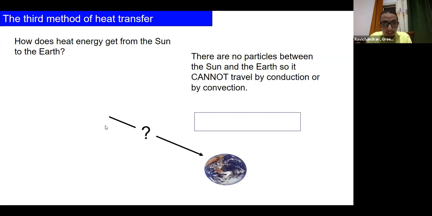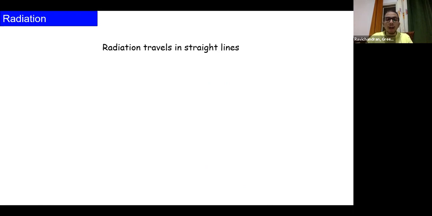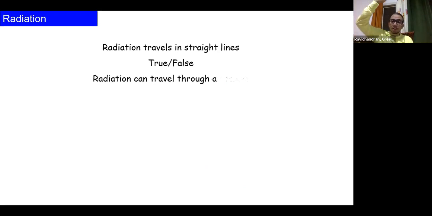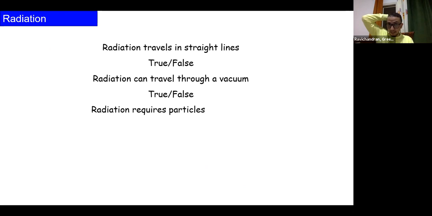Radiation from the sun to the earth, that's it. Radiation travels in a straight line.